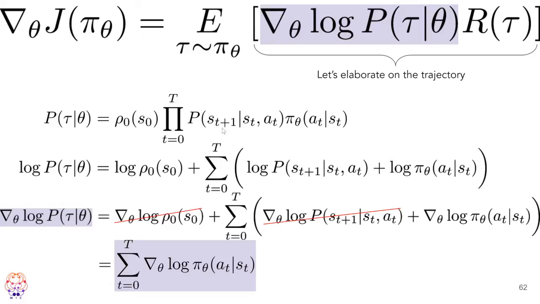You consider the probability of a certain state given the previous state and action, and then the likelihood of taking this certain action given our policy, and we recurse to the next state. What is the probability of this next state given that we take this action? And based on the chain rule of probability, we can find the probability for the whole thing.